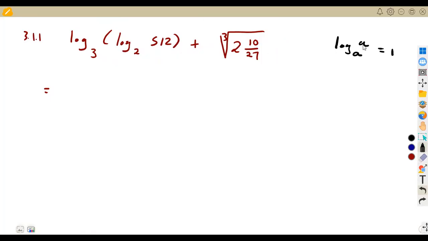If the number and the base are the same, we're going to get a 1. And also we understand that if we have a certain exponent on a log, let us just say we've got the logarithm of a in base b, this is being raised to the exponent of m. All right, this is being raised to the exponent of n, okay?